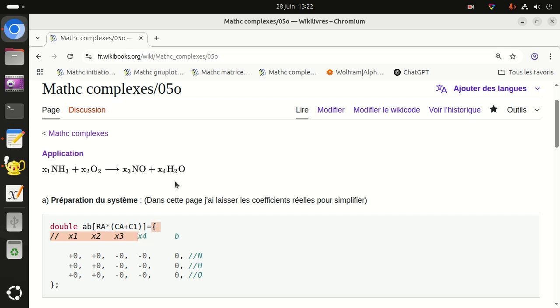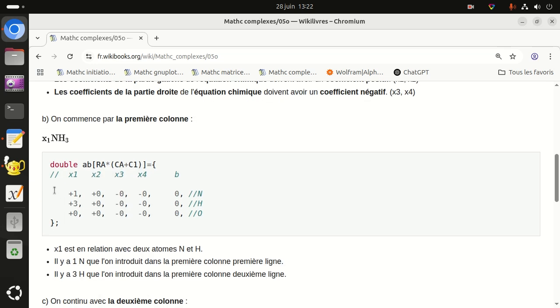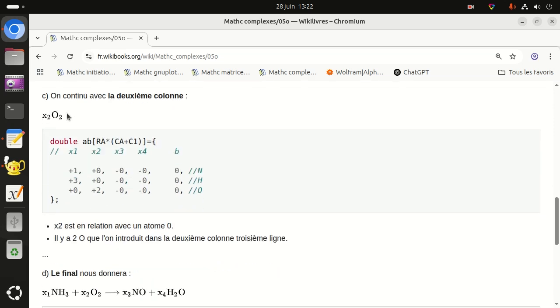And this column is for the fourth element. This is the first element. You have sodium, 1. You have 3 hydrogen. This is the second element. You have 2 oxygen. You put 2 oxygen into the second column.